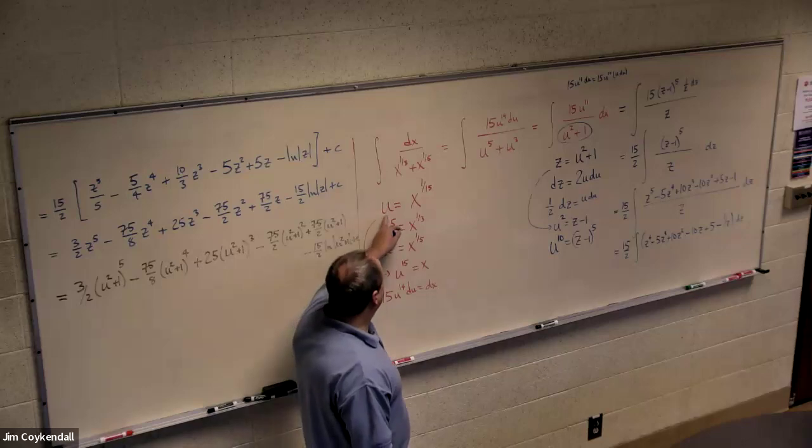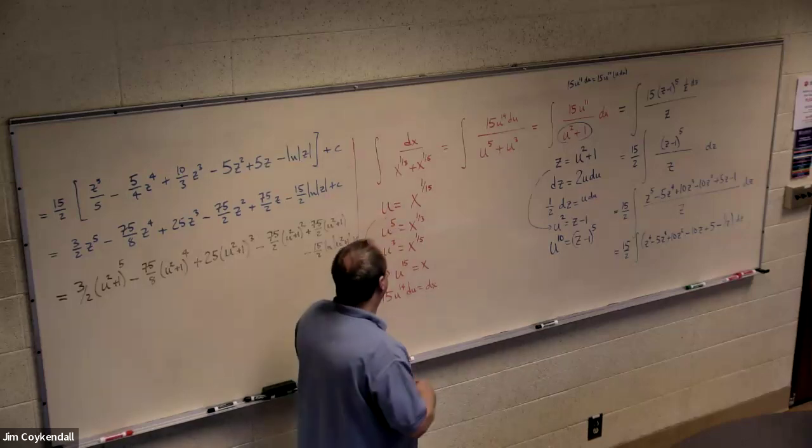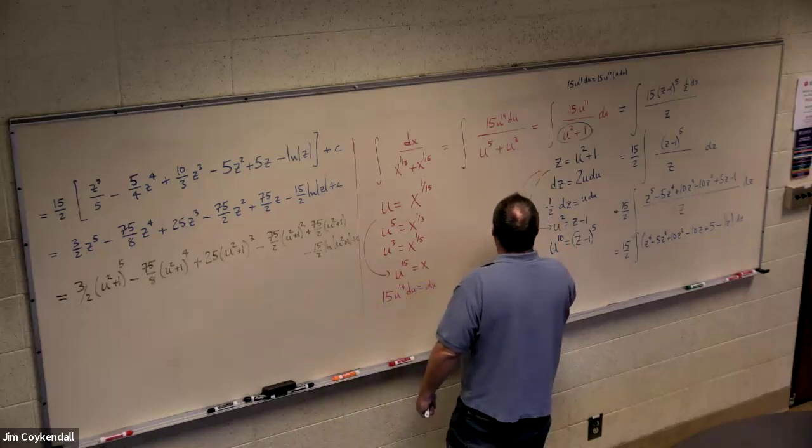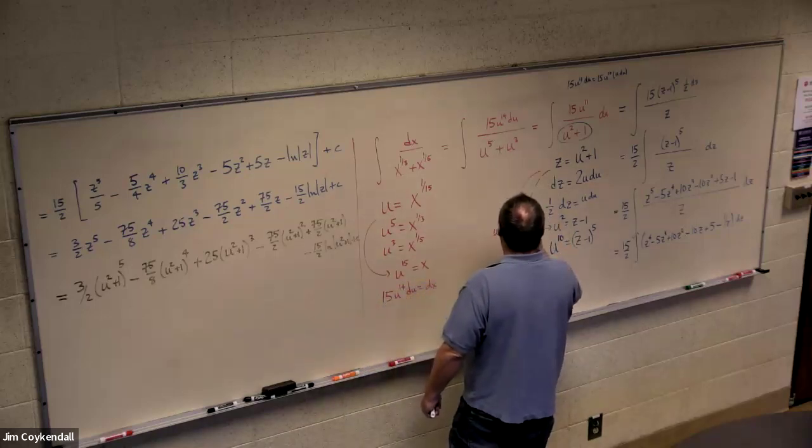And what was u? u was x to the 1/15. So u squared shows up.